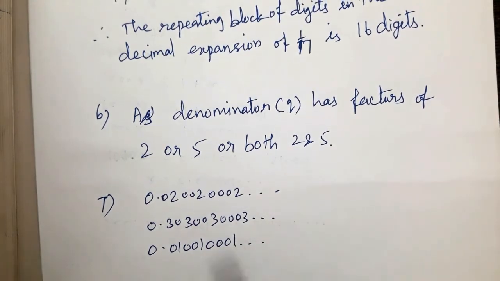Already we know that an irrational number has a non-terminating but non-repeating decimal expansion. So these are examples of irrational numbers.